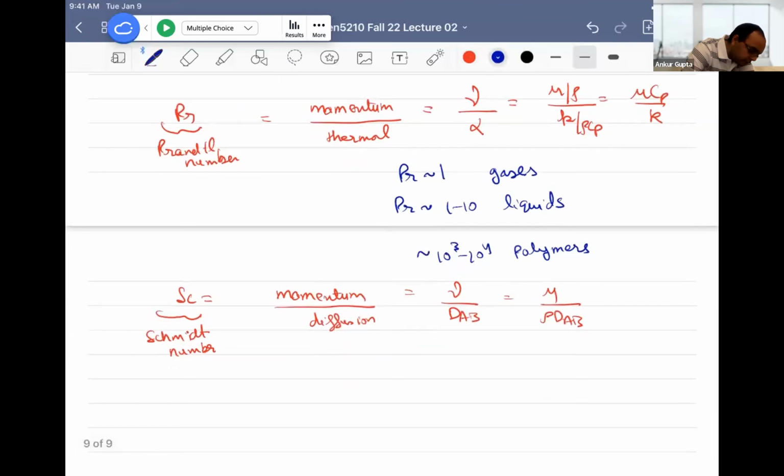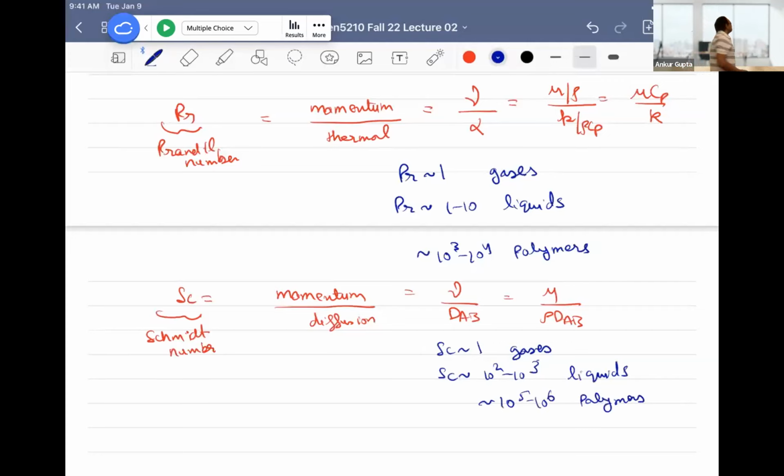And Schmidt number is also one for gases, but Schmidt number is almost 100 to 1000 for liquids. And obviously it's even higher for polymers. So Schmidt number allows me to compare momentum to species diffusion.